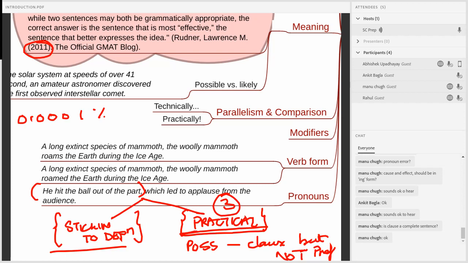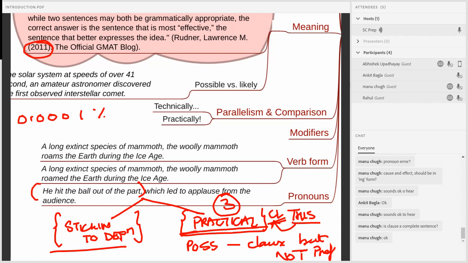You have to remember one more level of rules, but it is safer. So, for example, back in 2016 or something, in the 2016 official guide, they came out with a question in which the pronoun this was used to refer to a clause. And then suddenly nobody was able to say what was happening because they all thought pronouns cannot refer to clauses on the GMAT.